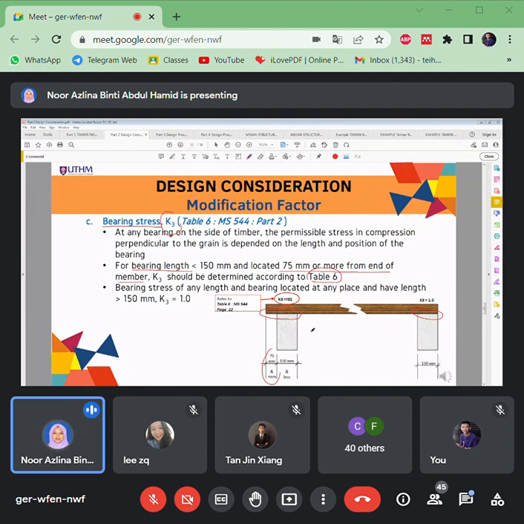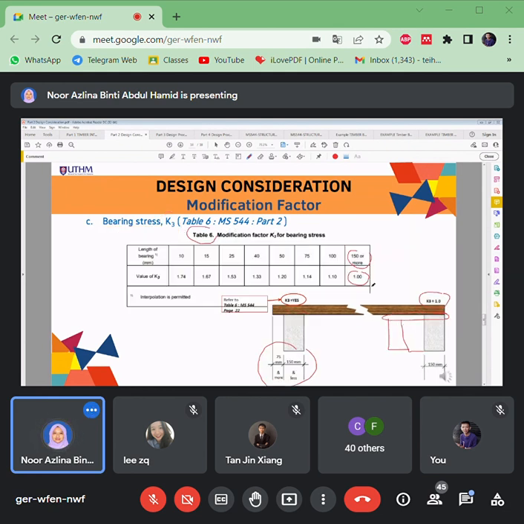Okay, so look at this figure here. This should be less than 150. The notes are not so clear. The description says: if less than 150 mm and the overhang is 75 or more, you can use table 6. If it does not fulfill this, K3 is equal to 1.